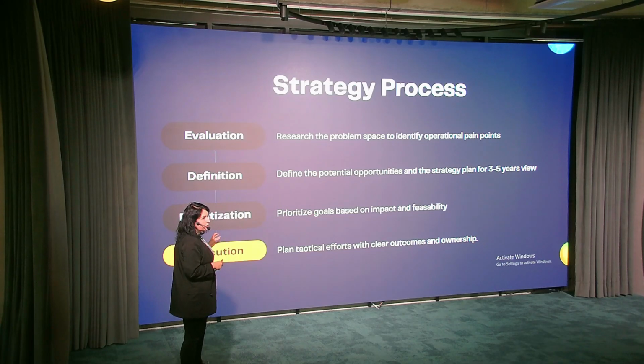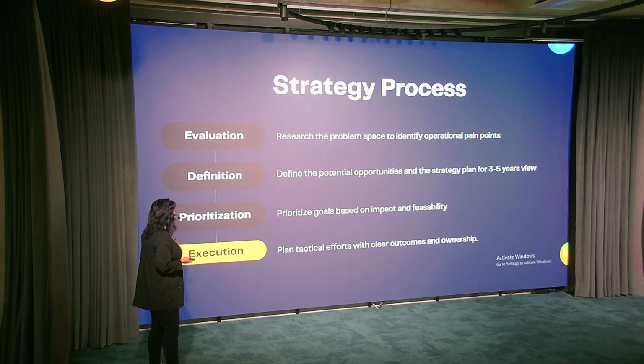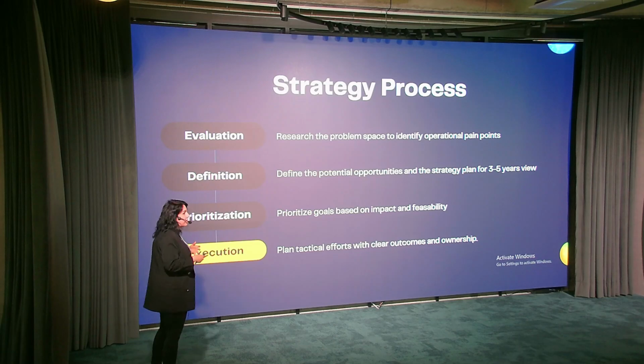When we talk about creating any type of strategy for scaling UX, implementing design operations, improving design operations, and impacting your organizations, usually you should go, and hopefully you go through this process, which is first evaluation, you research the problem space and identify different operational pain points in the design teams, but also with design team partners, so product management, developers, customer success, whoever you end up working with.